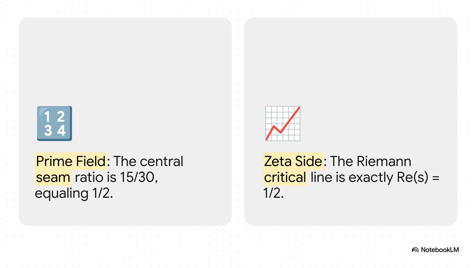Now look over at the analytic zeta side, the incredibly famous Riemann critical line, where the solutions to arguably math's biggest unsolved puzzle supposedly lie, is located exactly at the real part of 1/2. This is huge. It illustrates a direct structural bridge between the integer field center we literally just built together and the highly complex analytic Riemann critical line. They share the exact same central compulsion.